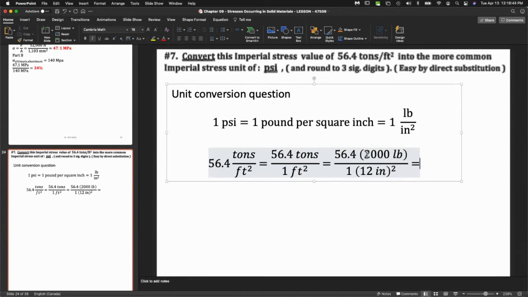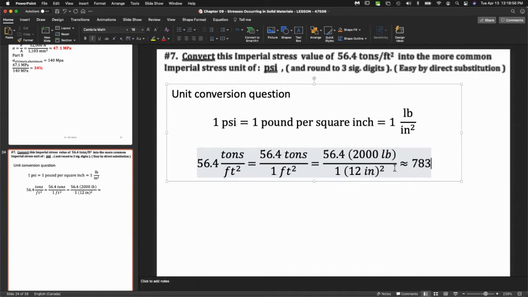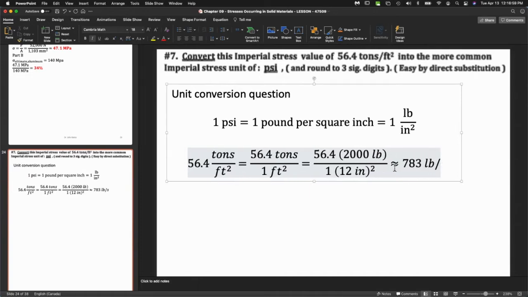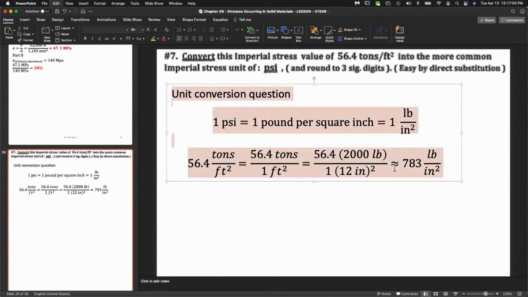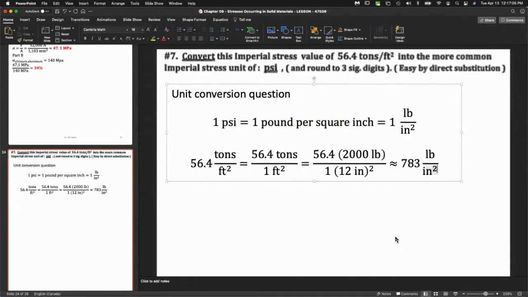So you've got to do 56.4 times 2,000, but then you've got to divide by 12 squared. You've got to divide by 144. And if you do all that work, you're going to get, let's see here, I got 783 pounds per square inch, which answers the question. I could write PSI there, but I'm running out of space on the side, so we'll leave it like that. So there you have it.